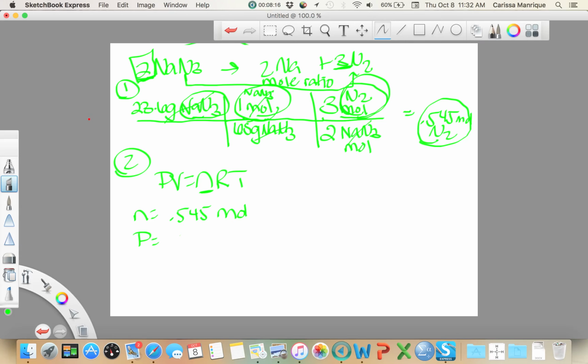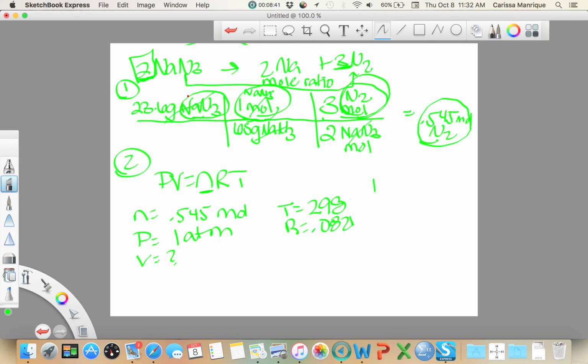Our pressure was given to us as 1 atmosphere. Our volume we're trying to find. Our temperature, they said assume it's at standard temperature, so that's 298. And R for these is 0.0821. Okay. Now all we do is we plug it in here and solve for volume.